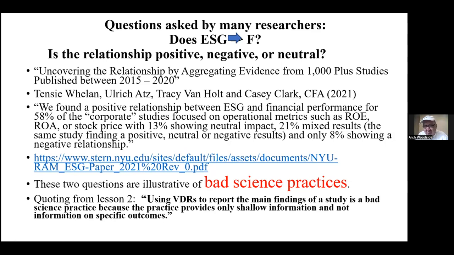It's doubly bad, actually, because you're not reporting much, and secondly, it takes you away from what you should be doing.